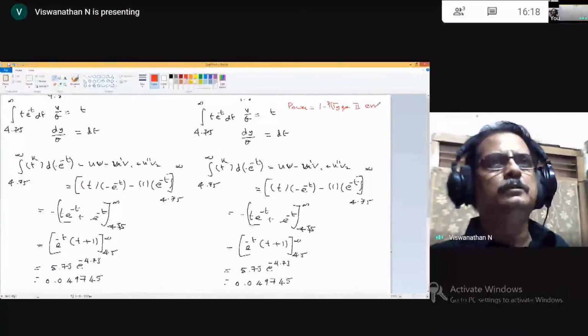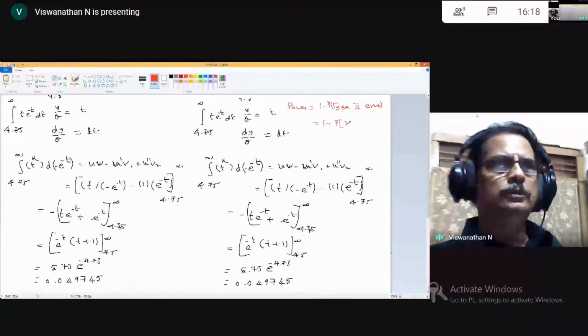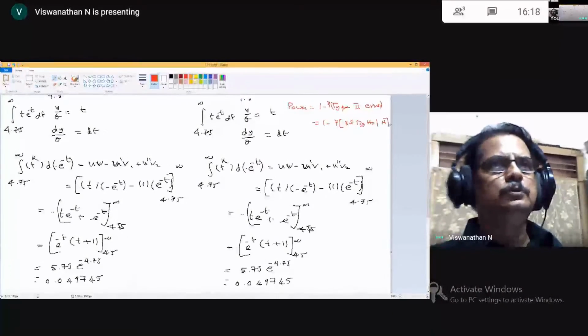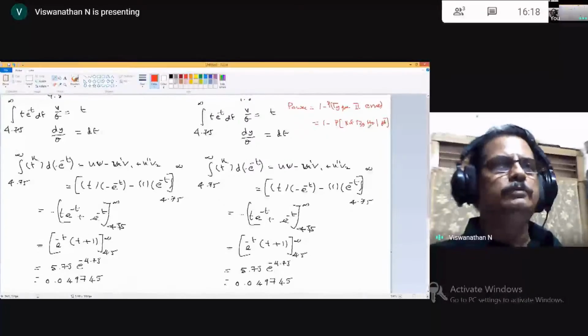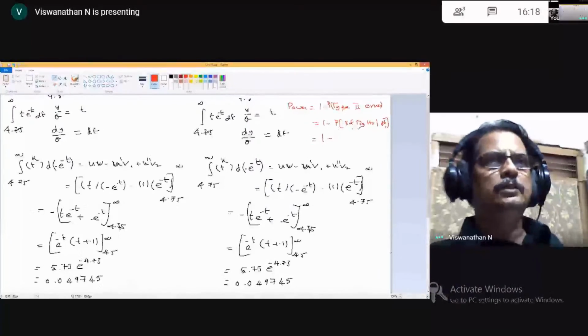Power is 1 minus type 2 error, and type 2 error is not rejecting H0 when H1 is true. So power is 1 minus the probability of not rejecting H0.